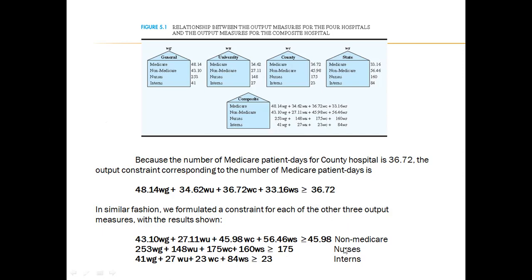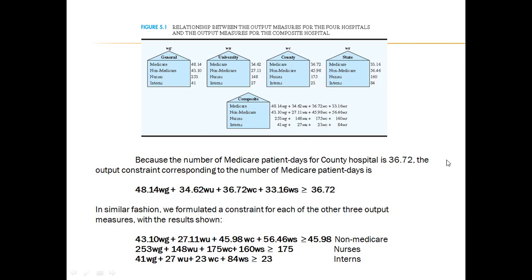And then for the nurses trained, we have 253 WG. I'm referring to the third row, the third one under the composite house. So it's 253 WG plus 148 WU plus 175 WC plus 160 WS is greater than or equal to 175. So the same example is what I have under the WC house, the third one.